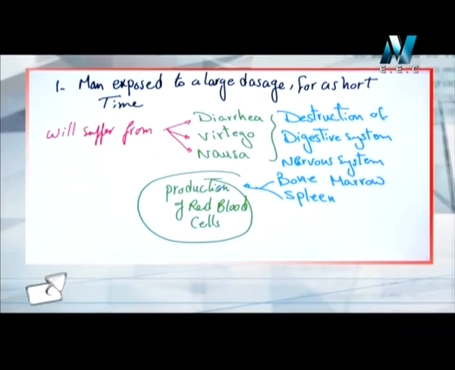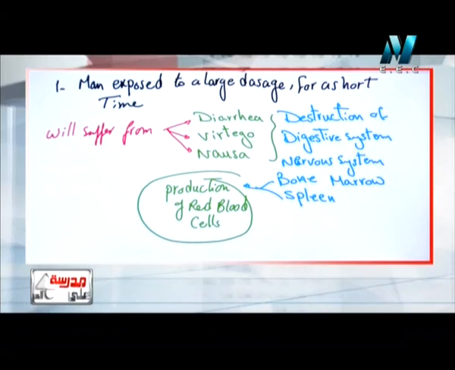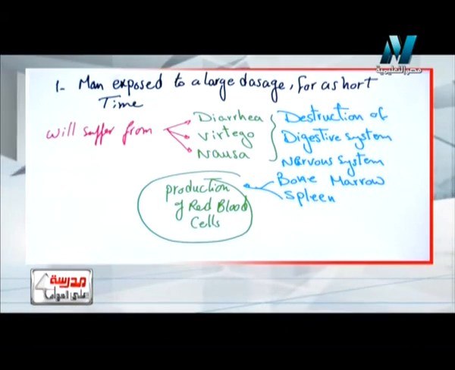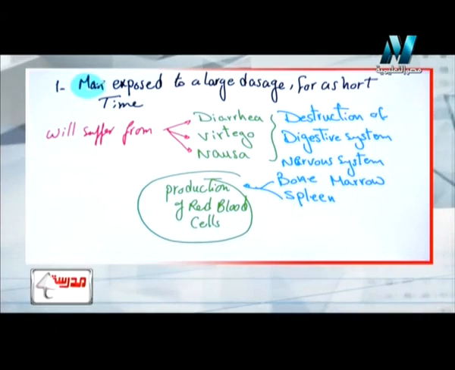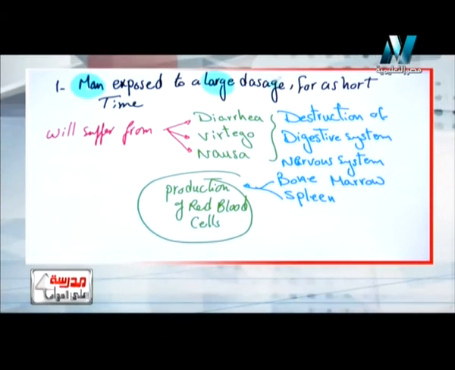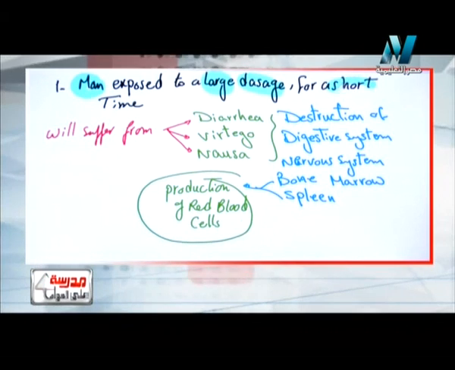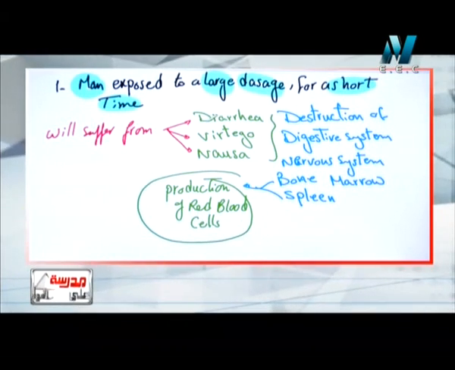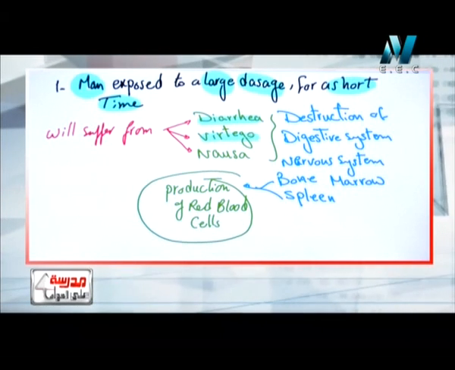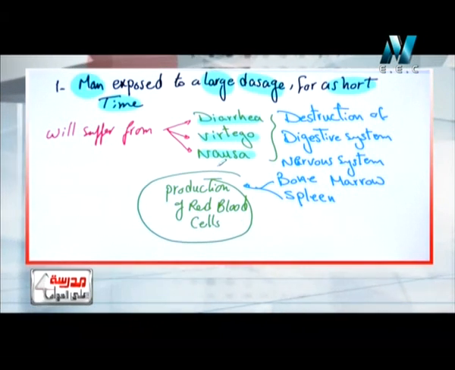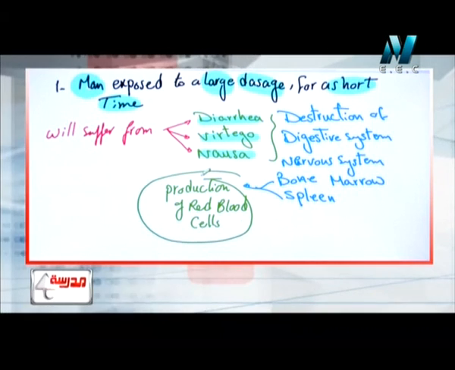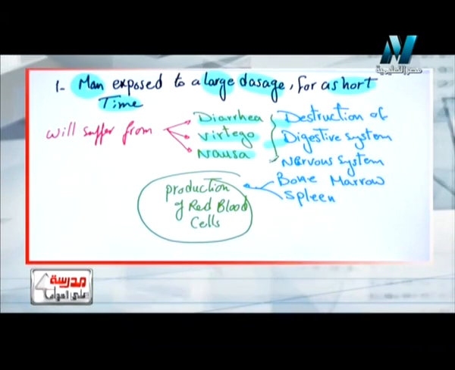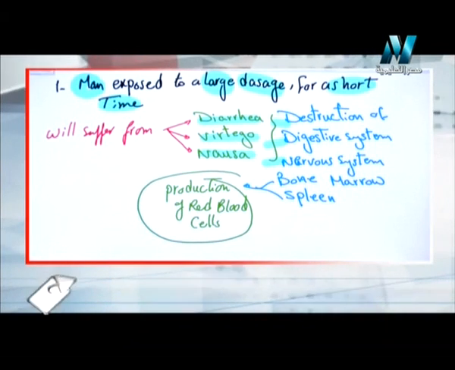So in this first case, our first accident, a man exposed to a large dosage for a short period of time, we have diarrhea, vertigo and nausea. Here we have the symptoms (أعراض), and we have the reasons for these symptoms.